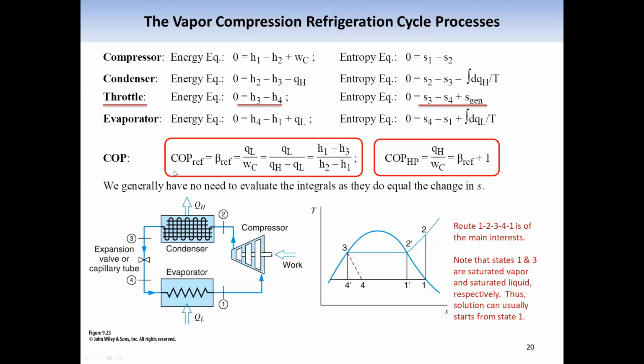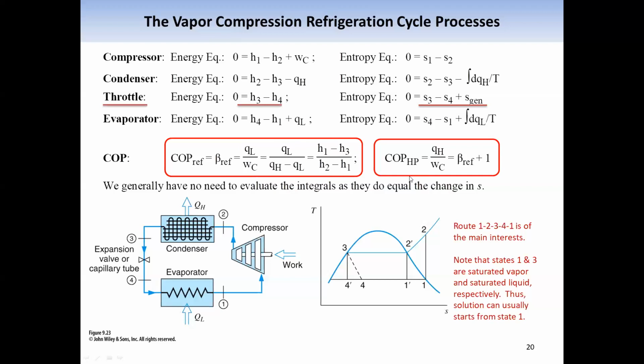For a refrigeration cycle, we have two COPs. One is for the refrigeration only. That means QL divided by the work done by the compressor. So this is how it's defined. And from the last chapter, from the detailed analysis of shaft work, we can replace the Q term by an enthalpy term.